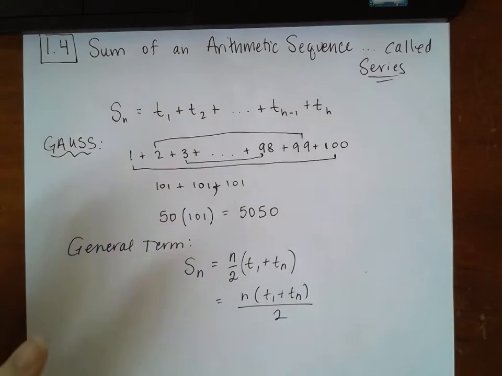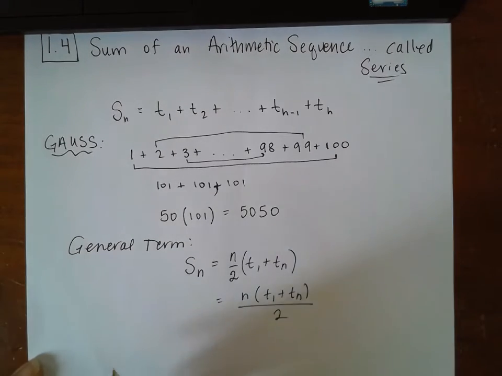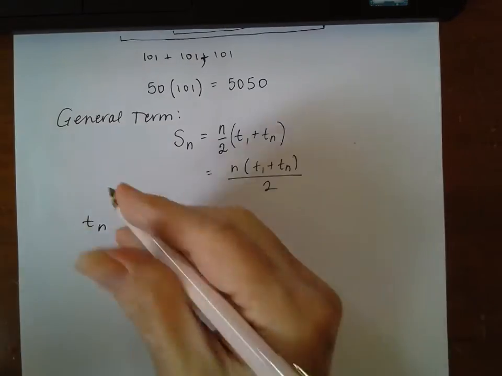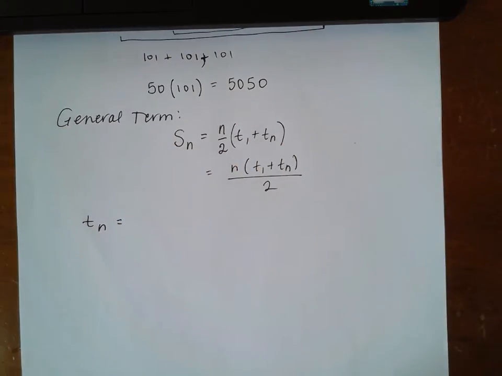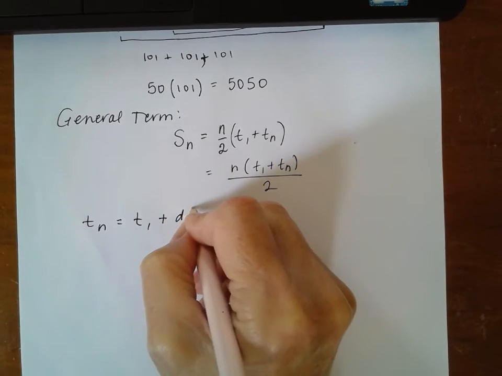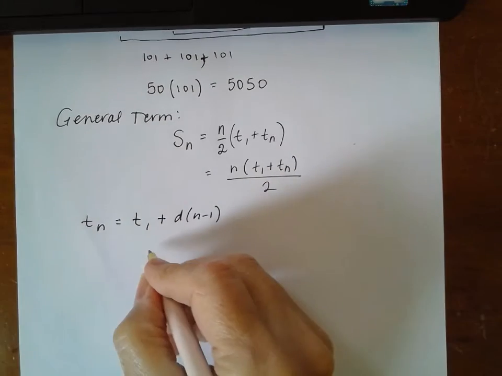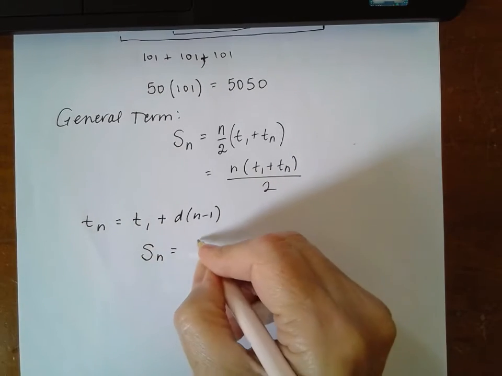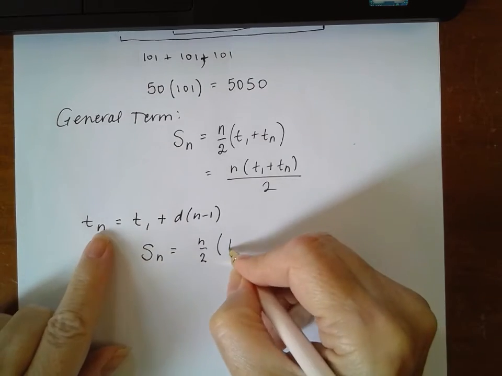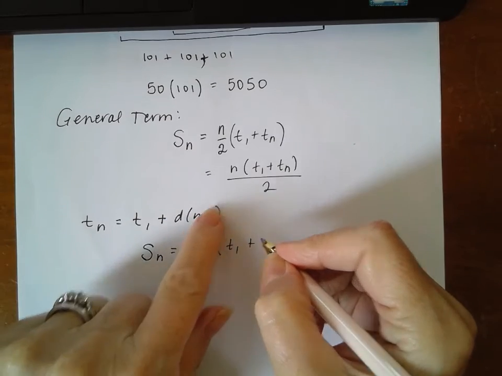We can also use a formula when we don't know what t sub n is. We can use that t sub n formula that we got in the last section, the formula for one term. Then S sub n is n on 2 times t sub 1 plus t sub n, and we can put this expression in where the t sub n is.